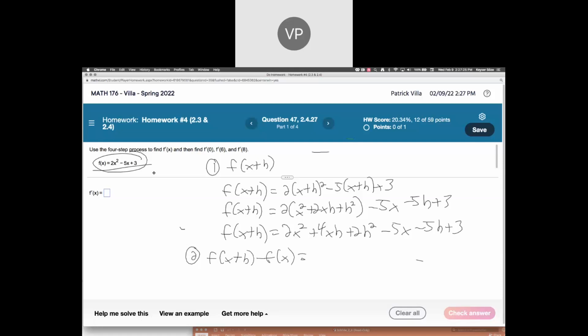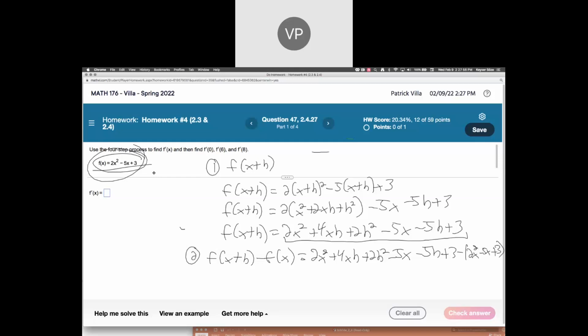So I take everything from right above. And then I'm going to subtract the original function right here. Now, I know I'm running out of room, so I'm going to squeeze this in here. This is the original function. 2x squared minus 5x plus 3.